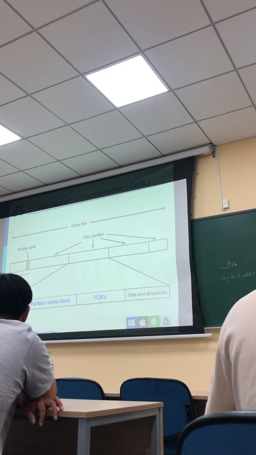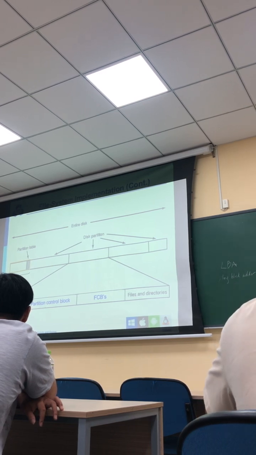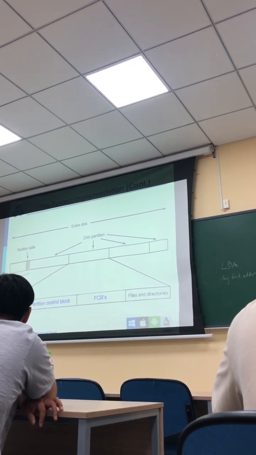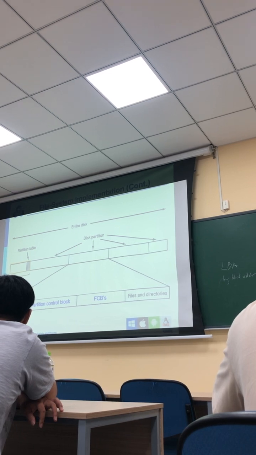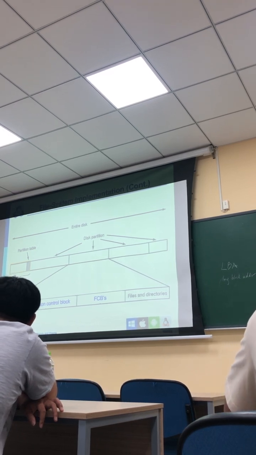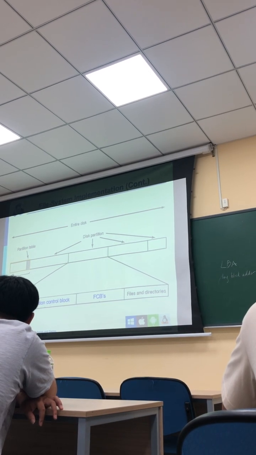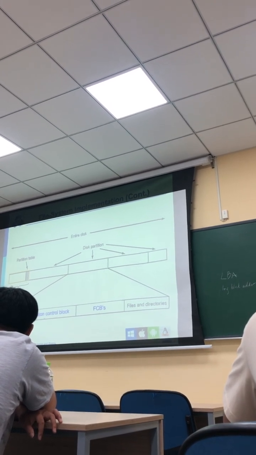Partition D is recognized by Windows too, but you use partition D for data. So it means that some partitions don't have the operating system. C and D are for Windows, but we install the operating system on C. So on partition C we will have a boot sector, but in partition D we don't have a boot sector.